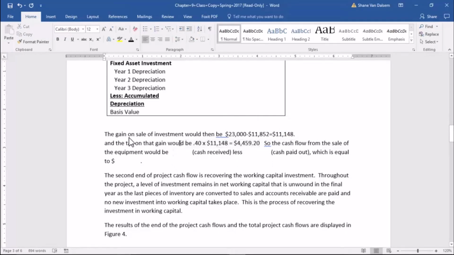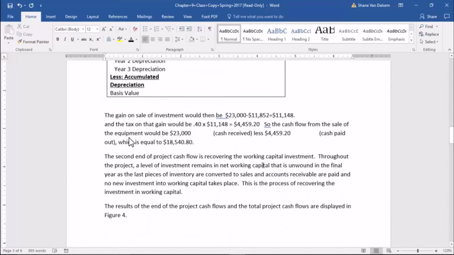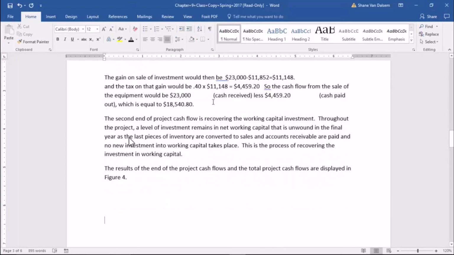So the cash flow from the sale of the equipment would be our $23,000, which is what we receive, less the amount we paid out, which was the $4,459.20. And so that's equal to $18,540.80.